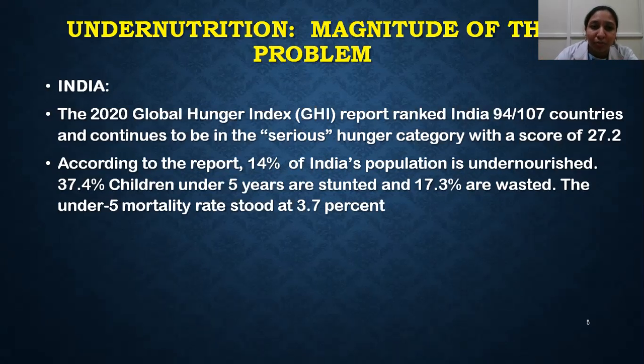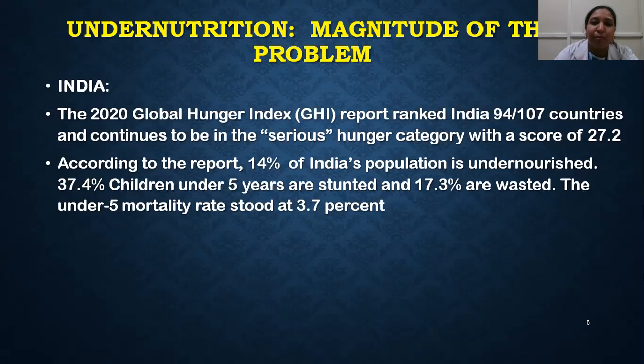This score is from 0 to 100. 0 means it's the best. If the Global Hunger Index score is 0, it means there is no hunger at all. That's very good. If it is 100, it's the worst scenario. In that way, India is standing at 27.2, which comes under the serious hunger category.